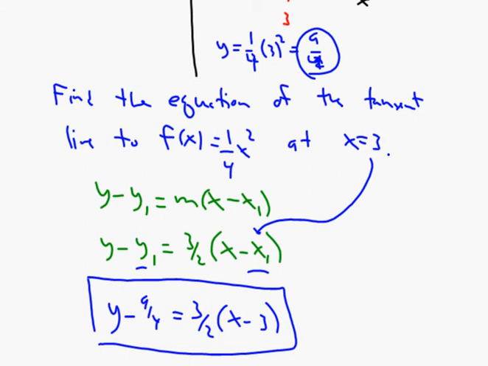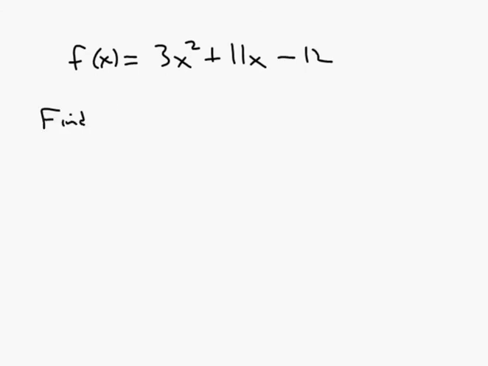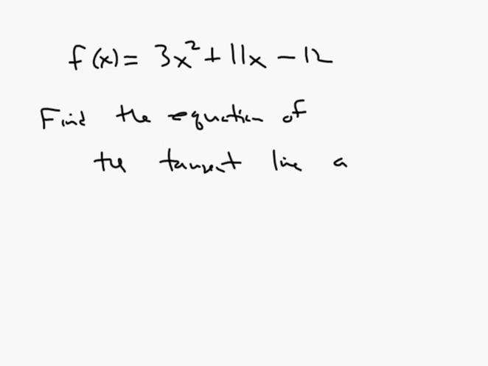All righty. So let's try another one. So suppose f of x equals, I'll be more careful this time, 3x squared plus 11x minus 12. And we say find the equation of the tangent line at x equals 2, maybe.